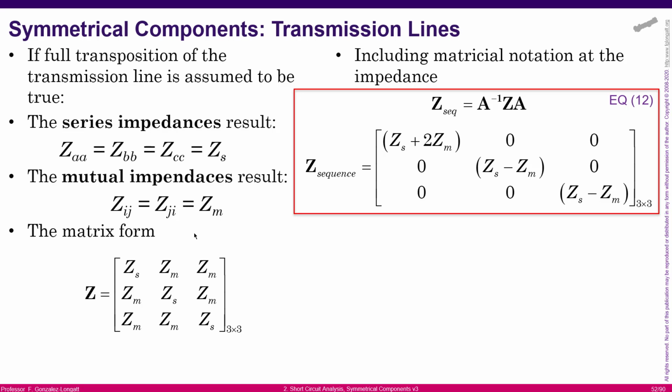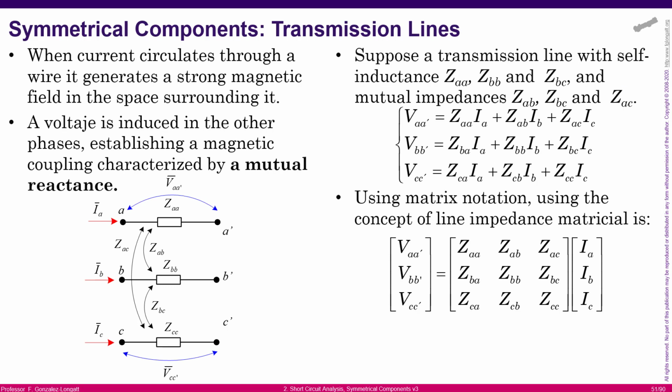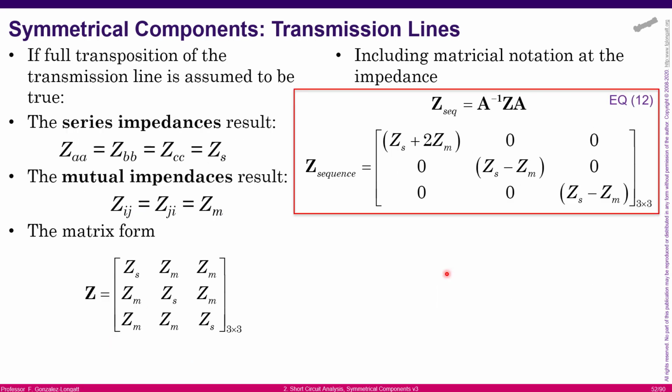If that is the case, this matrix present here, that is a 3 by 3 matrix, can be simplified in terms of the main diagonal with the series impedance here and the mutual impedance off the diagonal, okay?